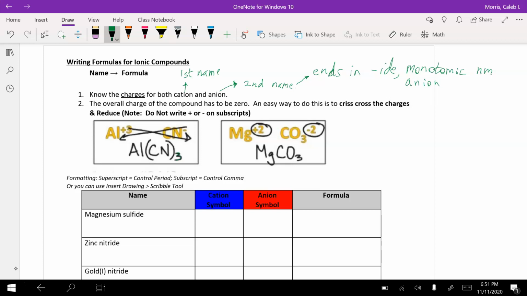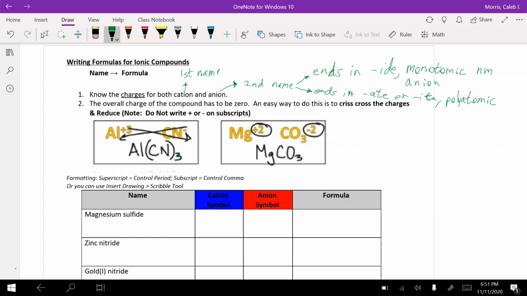If it ends in "ate" or "ite," it's a polyatomic. And you'll want to check that chart, the polyatomic ion chart, for that.